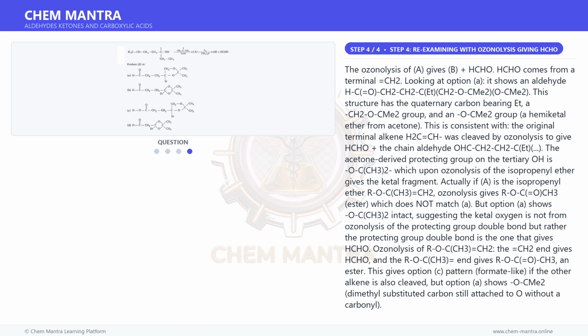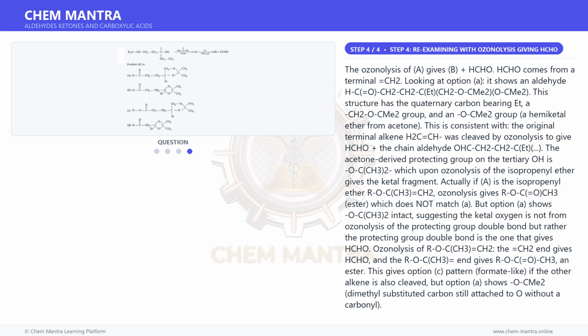Verification against other options. B shows a cyclic peroxide, 1,2-dioxolane, which would require different reaction conditions and doesn't arise from standard ozonolysis ketal chemistry. C shows a formate ester, HOC=O, which would come from formic acid, not expected here.